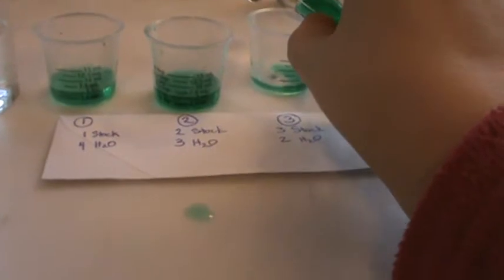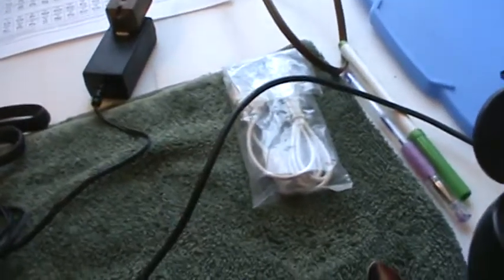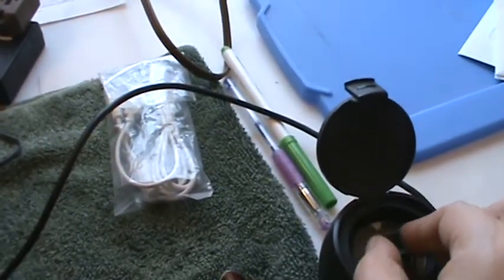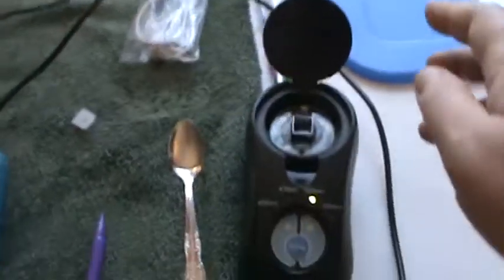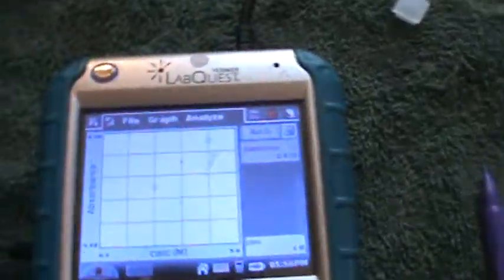And now here is solution 3, the one that we're calling 6 molar. So you might wonder, you know, why are we just calling it that? Well, since we are in my house, whoops, sorry about that. Since we are in my house right now because there aren't any labs going on, we want to make sure that everything, you know, I don't want to use chemicals for no reason, whether in my house or in the lab.